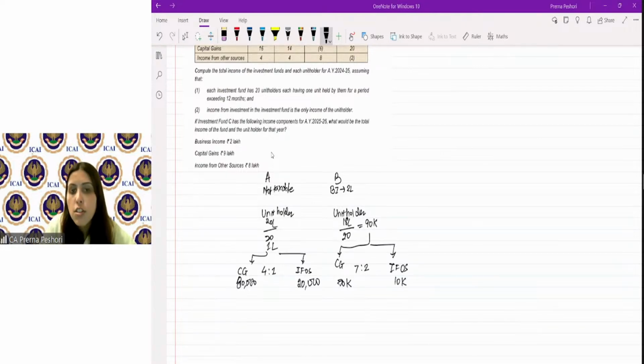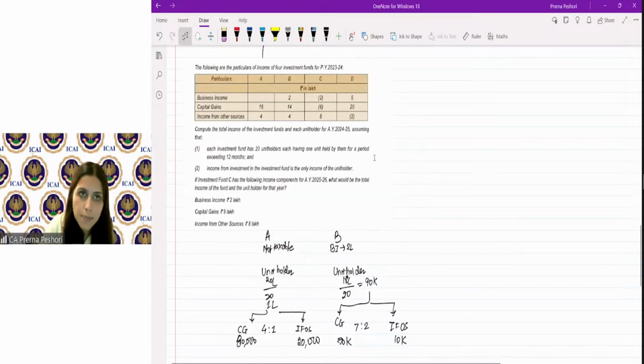Are we clear? So the income of the fund B would be chargeable to tax at 30% if it is a firm, or at the rate of 30% or 25% if it is a company, and maximum marginal rate in any other case. And in the hands of the unit holders, it will be taxable in the like manner and to the same extent. Okay. Now what about the fund C?